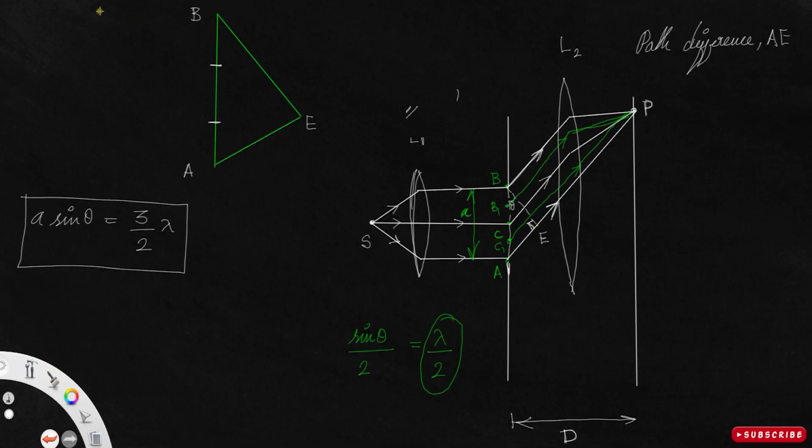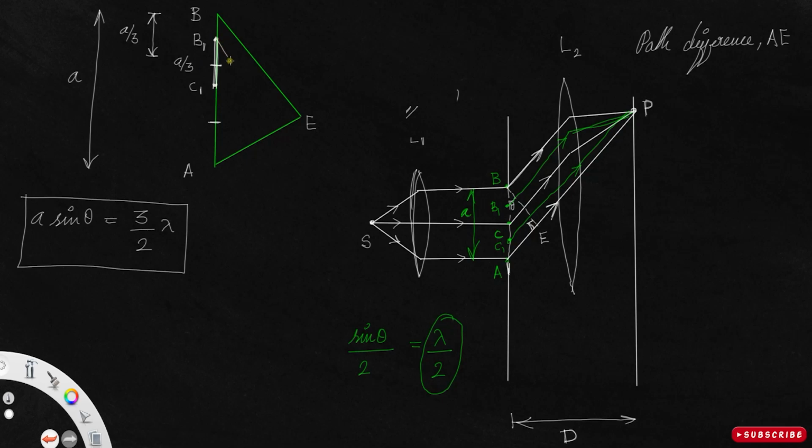Now let me divide this into 3 equal parts, so that this whole length BA is A, and this length is A by 3. If I take a point in here, let's name that B1, and another point in here, C1, so that this length is A by 3.